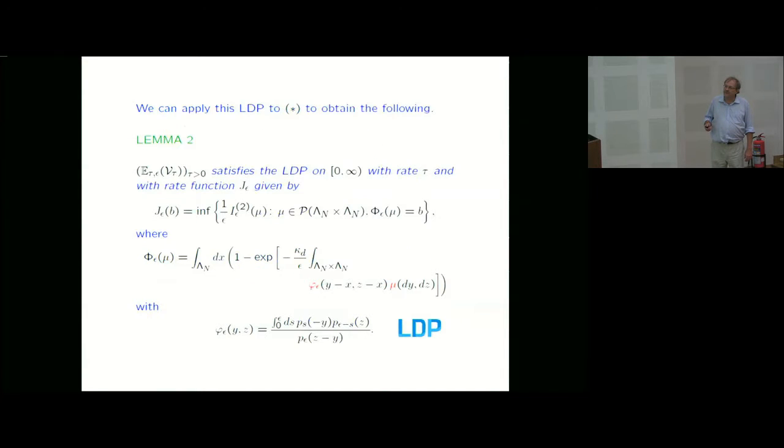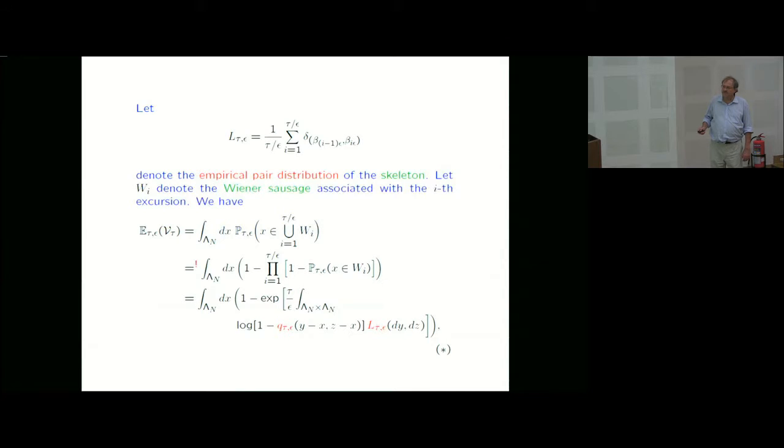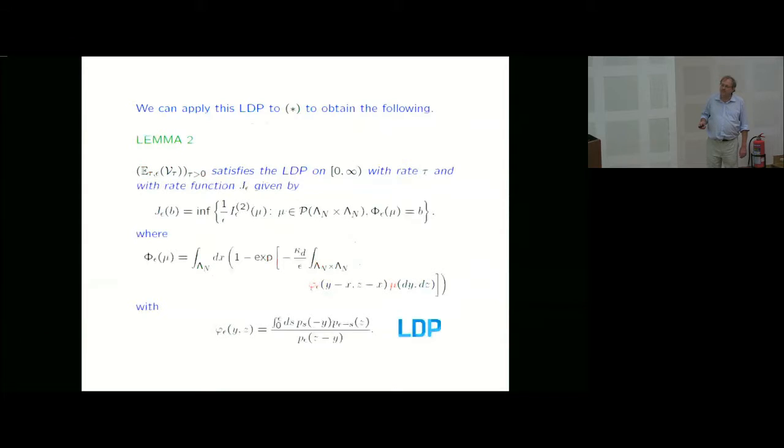Okay, so what do we have? We're trying to go here. So I know that this object here is now scaling in a nice way. It will cancel this tau, and it will replace it by a kappa d. And then I know what the large deviation rate function was for this thing. And so what I end up with is indeed this LDP, where tau times q has been replaced by kappa d times this phi.